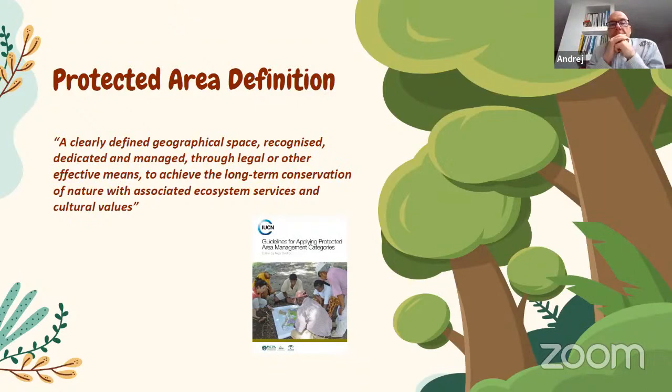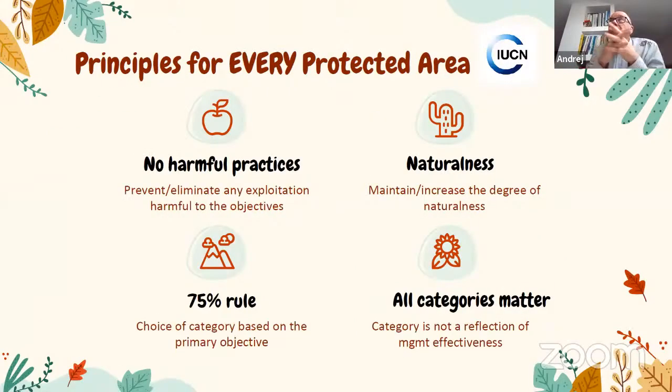Next slide. Why am I saying that the definition of a protected area is so important? Because, as I said, there are some principles that apply to every protected area. I summarized just 4 of those principles.